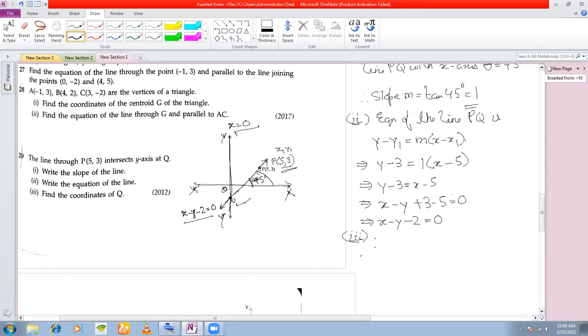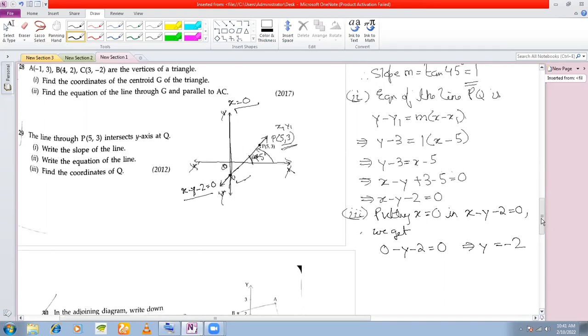How do you find out? You solve simultaneously, right? So how do you solve? Putting x is equal to 0 in x minus y minus 2 is equal to 0, we get 0 minus y minus 2 is equal to 0. That means you get y is equal to minus 2, right?